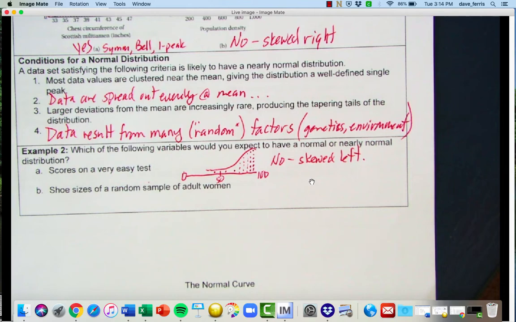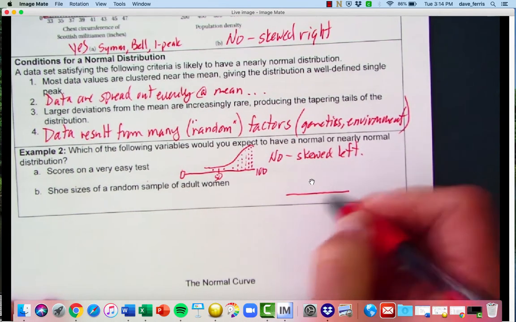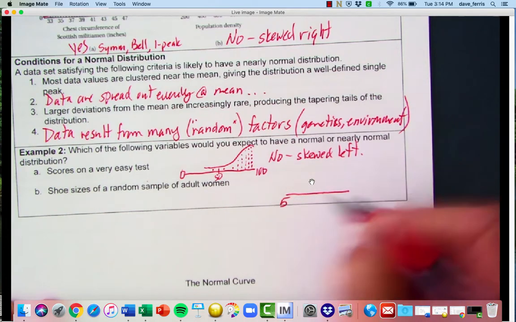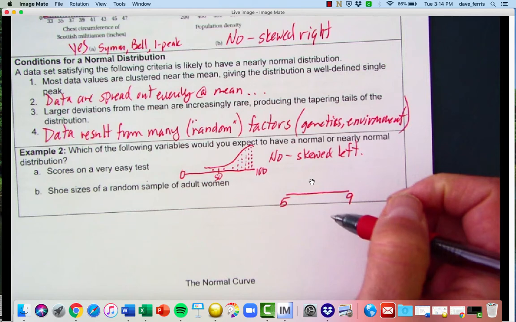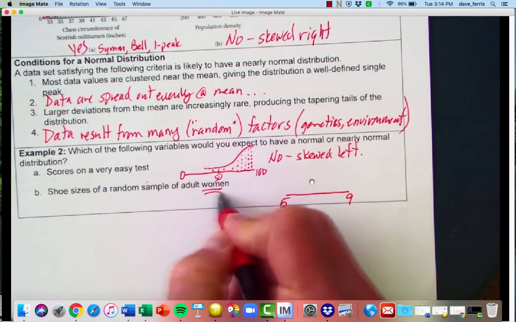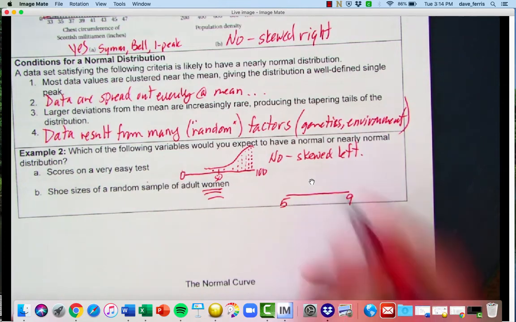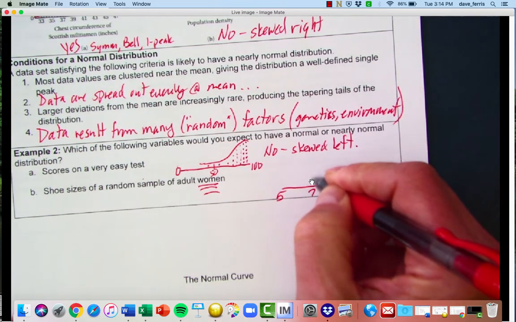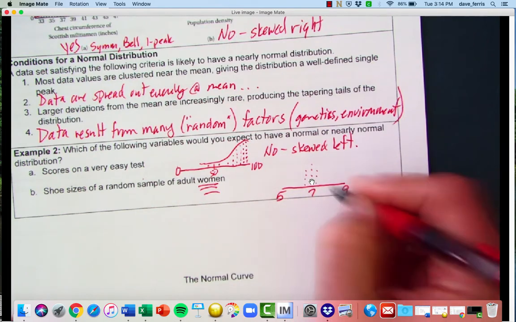Shoe sizes of a sample of adult women. Well, I've actually taken data from my students about their shoe size. And shoe sizes range roughly from 5 to 9 in the women's world. Now notice it says it's women. That's important. If it's women, most women have shoe sizes around 7. I think 7 is kind of the average. So you'd have a lot of 7s and 7.5s and 6.5s.